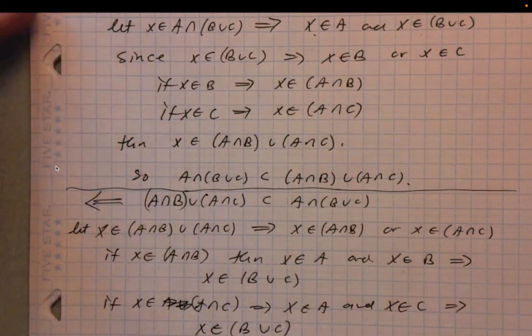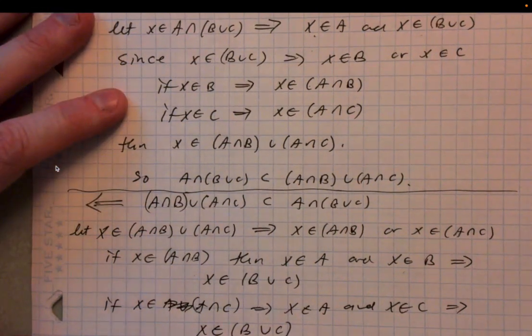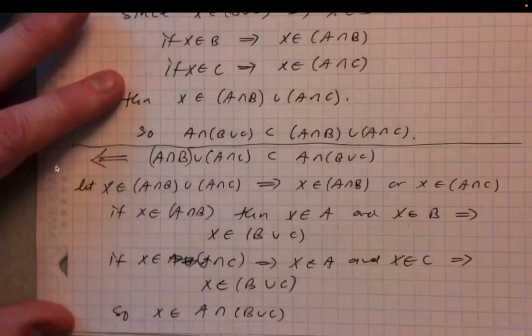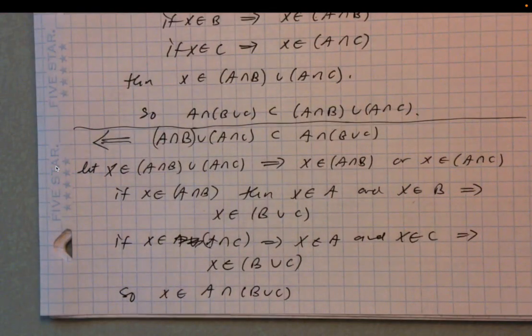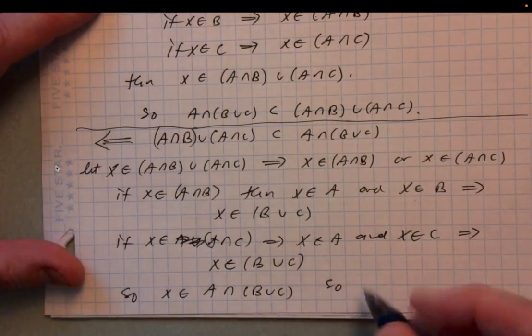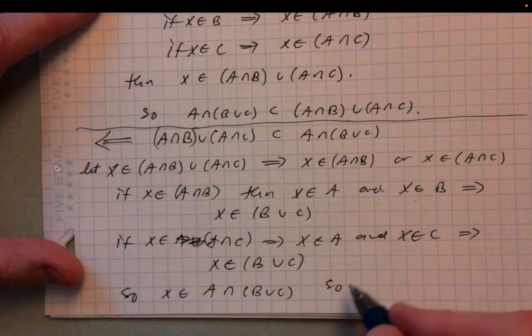Okay, and so X is in A and B or C as desired, right? So that's really the key. And so that means the reverse containment is true as well.